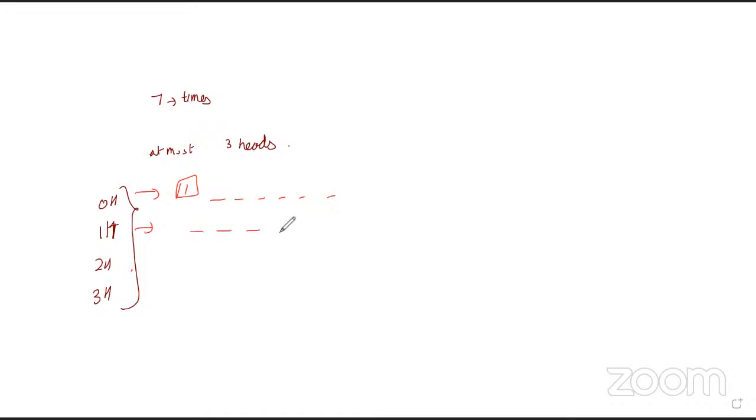Now for 1 head. 1 head can be at any of these 7 positions, right? So first I select any one position of these 7, which I can do in 7C1 ways. That position is fixed with heads. Rest all should be tails, so the remaining 6 can be filled with tails in only one way.